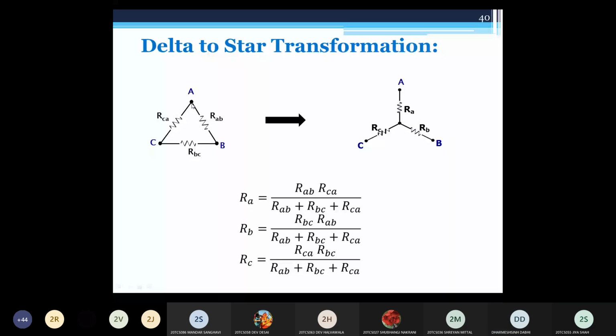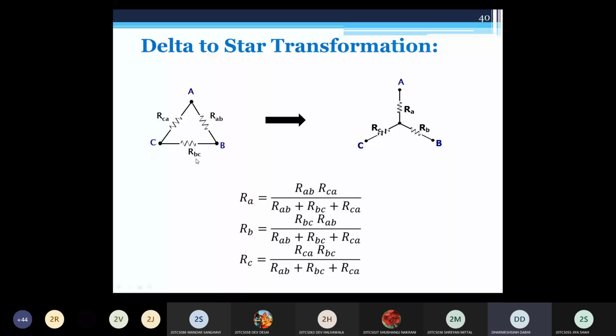It means RAB and RCA are both connected with point A, because here we find the RA of your star connection. So whatever resistances are connected with terminal A in your delta connection, first multiply RAB and RCA and divide by the sum of all the resistances of your delta connection. It means RAB plus RBC plus RCA.